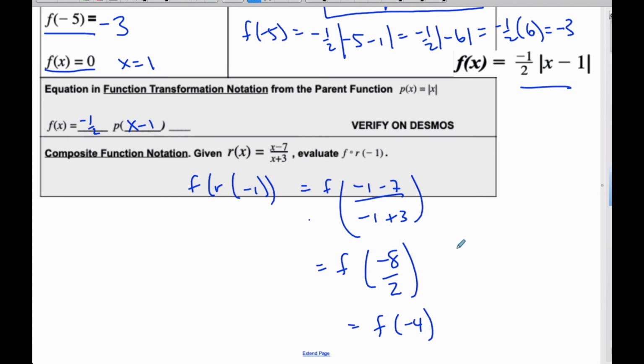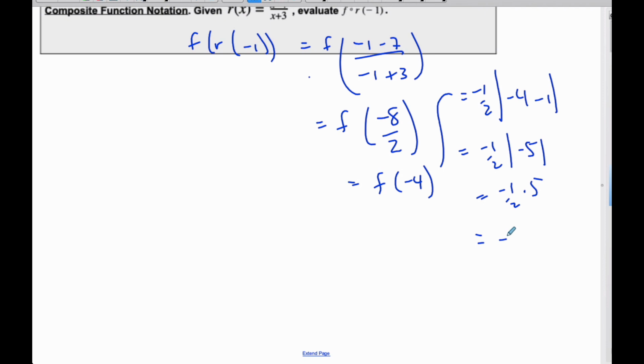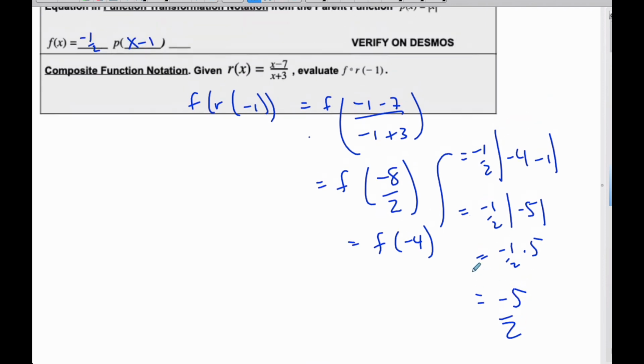Here's f. That means it's going to be negative 1/2 times the absolute value of negative 4 minus 1, which is negative 5. Negative 5 becomes a positive 5, times negative 1/2, and that ends up being negative 5 over 2 as the final answer.